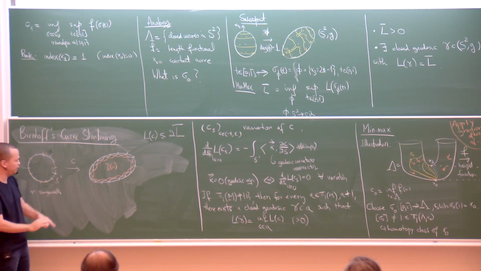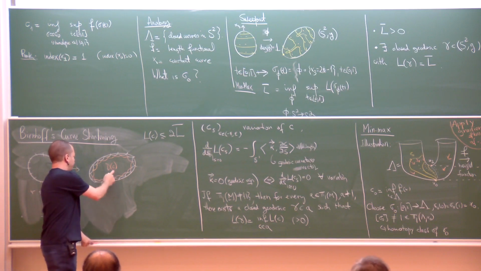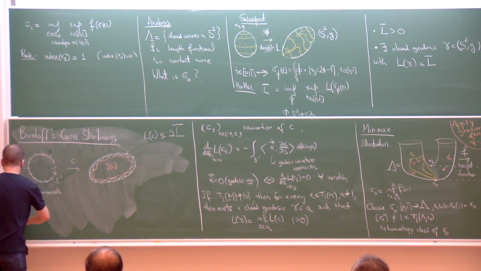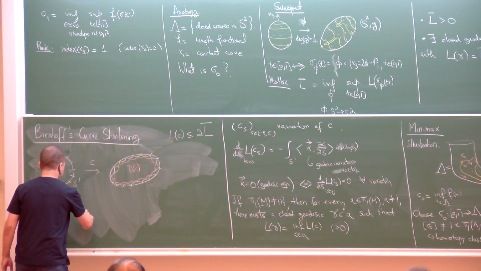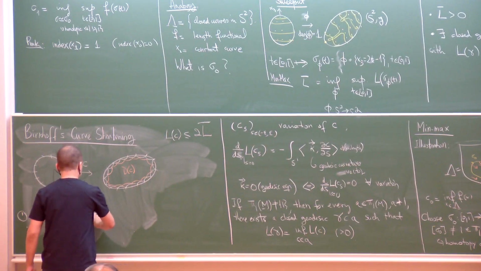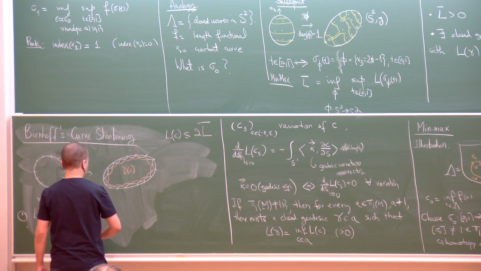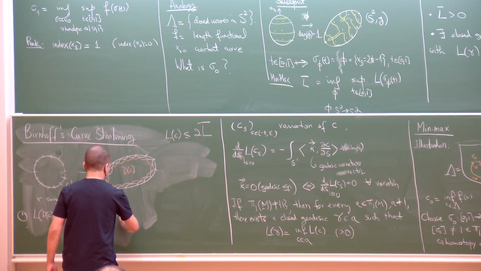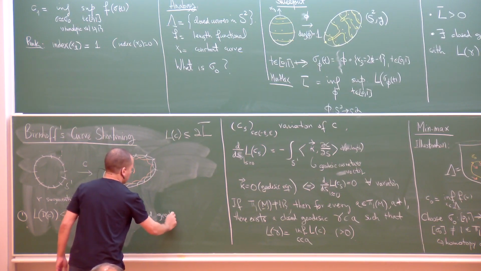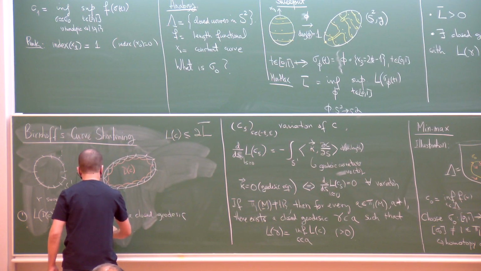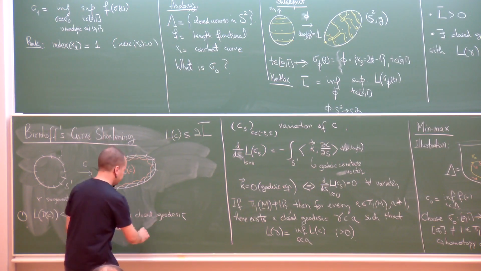So the length will go down. What are the properties of this map D of C? The first main property is that the length of D of C is strictly smaller than the length of C, unless C is a closed geodesic. Of course, in that case the curve doesn't change and the length is the same.